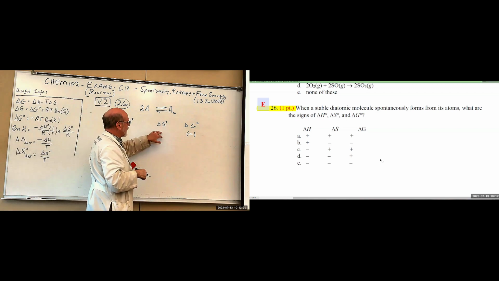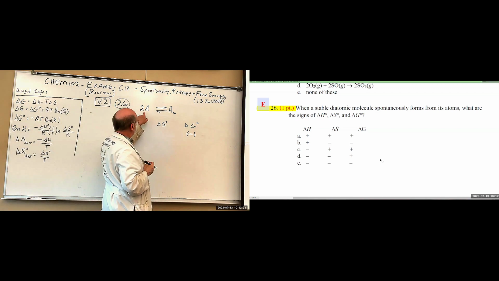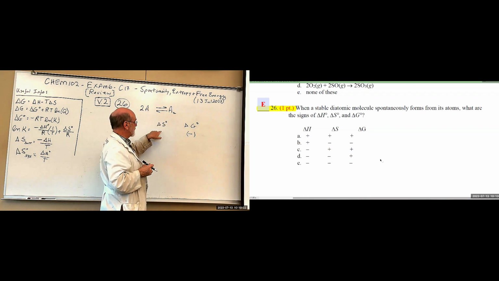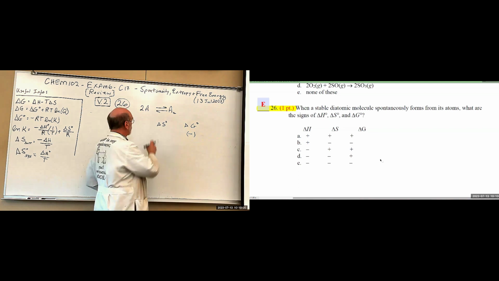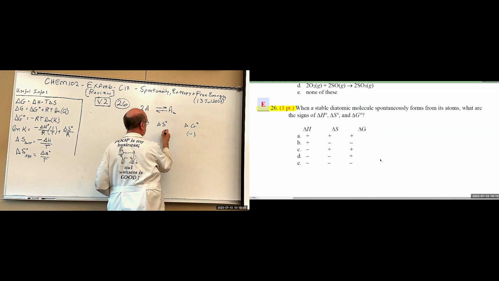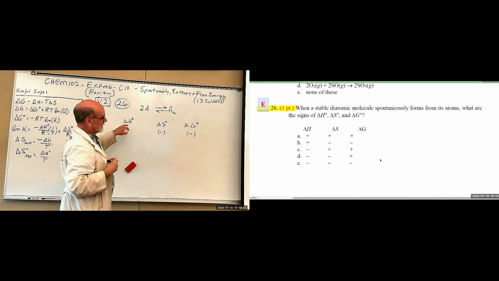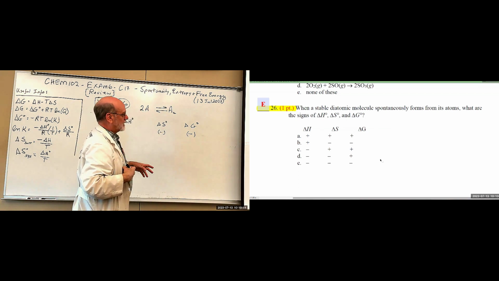The delta S we have to deduce from the fact that we're going from 2 to 1. So this is becoming smaller. Right, we're going from this disorder to that order. And delta H, that was a little trickier.